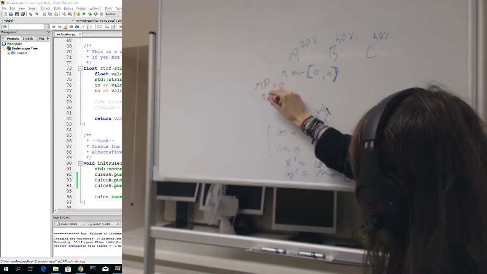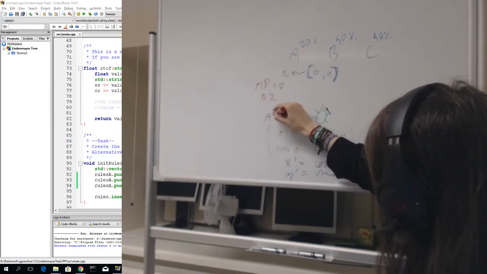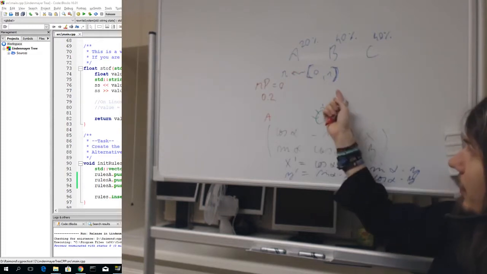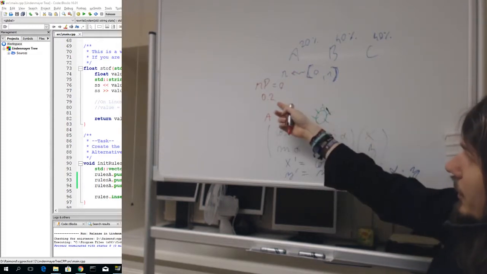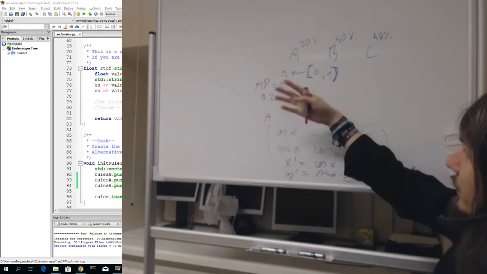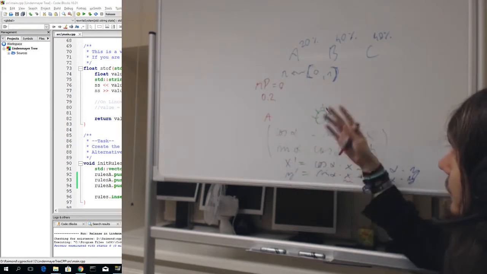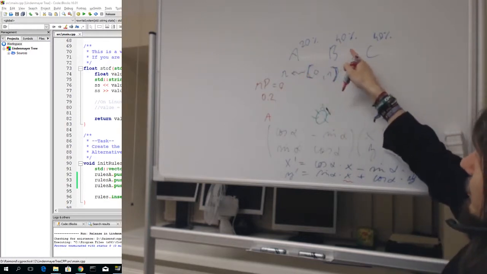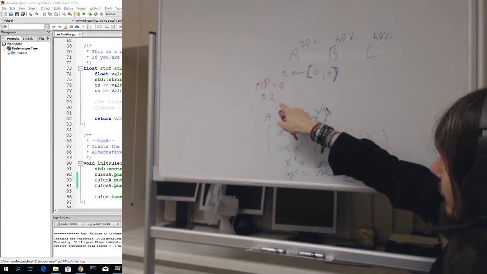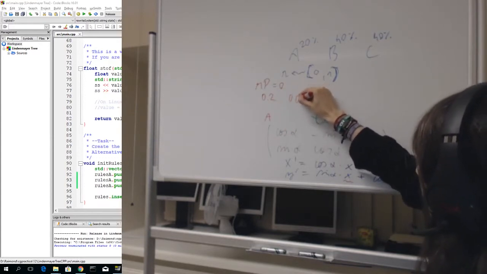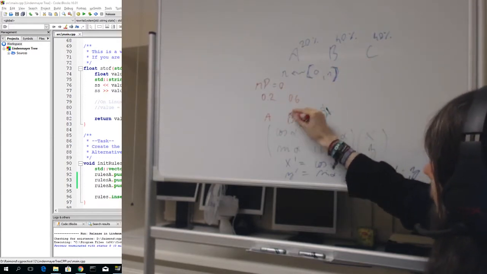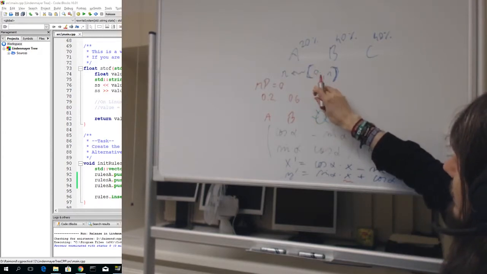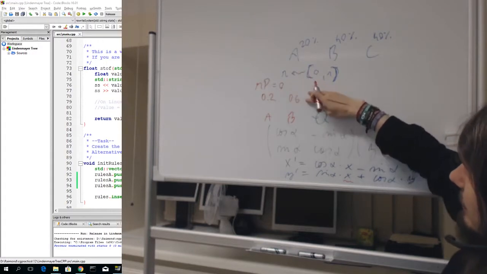So that would be 0.2, and we're considering A. And now we compare our dice roll probability that we did once with this 0.2. If it was below this, then we take A, we're done. If it's above this, then the next step is to add the next element's probability to this running probability. And that would give us 0.6 to consider B.